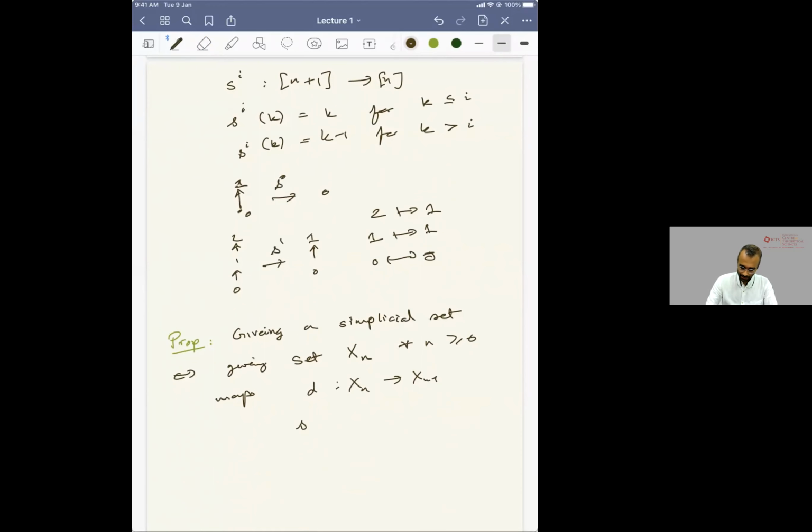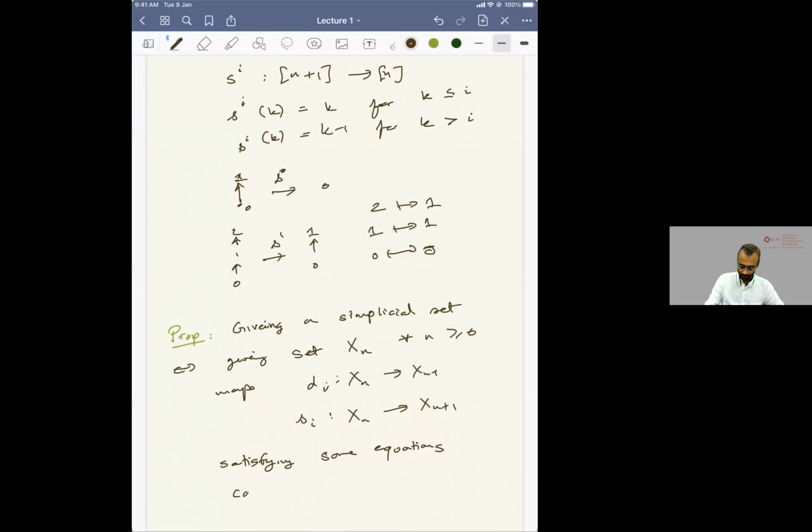So I should give these maps di from xn to xn minus 1 and si from xn to xn plus 1, satisfying some equations. Those equations are the ones that you can figure out from the properties of the category delta. I'm not going to write them out, but I just want to say that it's actually something very explicit. For every n, we specify a set, and then we specify these maps between them.